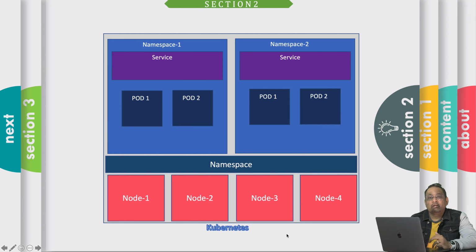Next is the pod, the basic unit of Kubernetes. While Kubernetes is considered a container orchestration platform, its true building block is the pod. According to the Kubernetes documentation, pods are the smallest deployable units of computing that can be created and managed in Kubernetes. So what exactly is a pod?